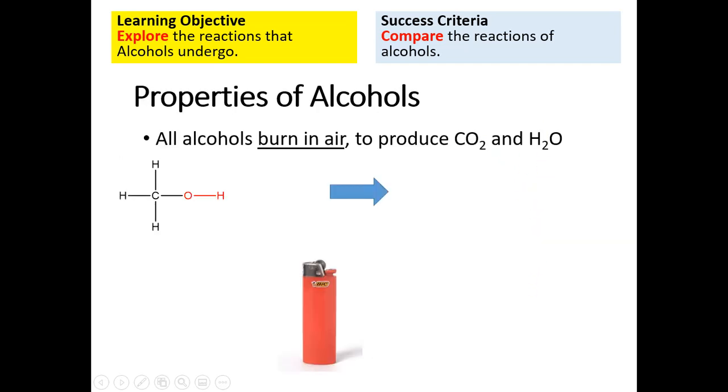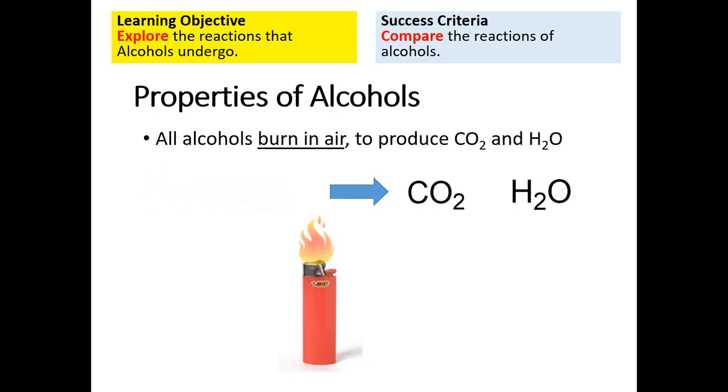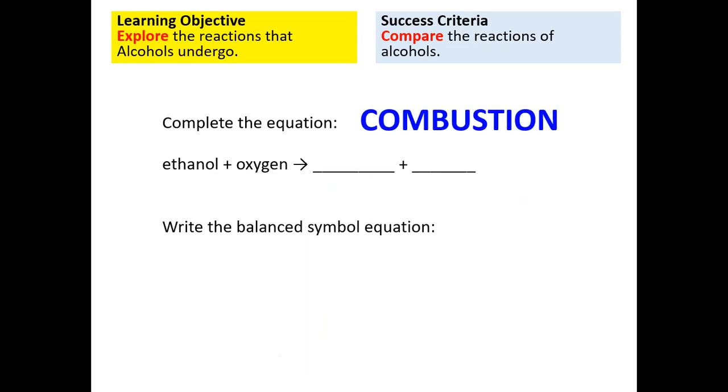Okay, so like we've just done, we've looked at this experiment. All alcohols burn in air, and just like when you burn an alkane or an alkene, you get carbon dioxide and water. You do in this case. So you've got the methanol plus oxygen, and oxygen being O2. So what happens is that oxygen breaks apart, joins on, and makes carbon dioxide and water.